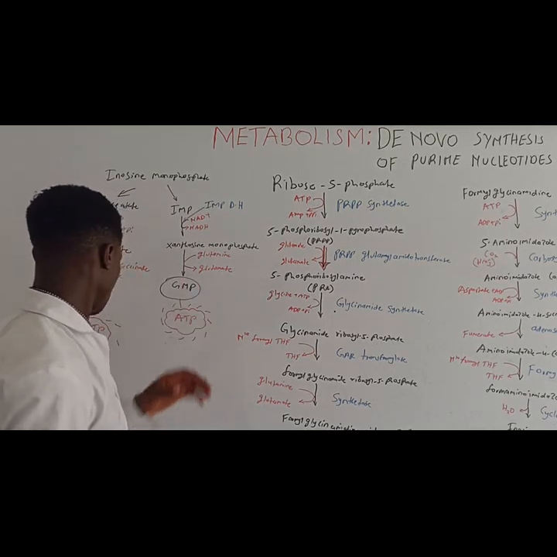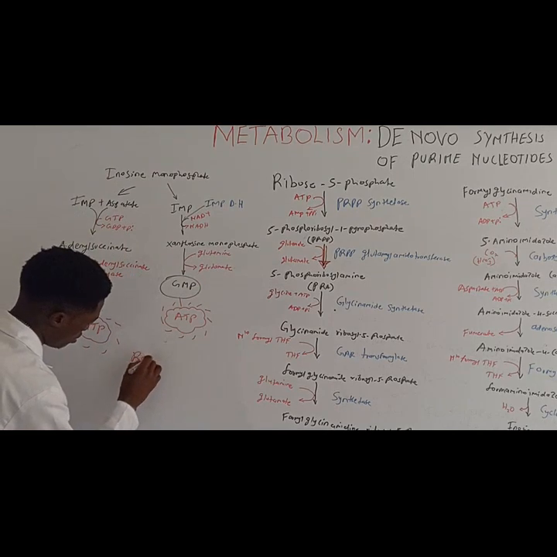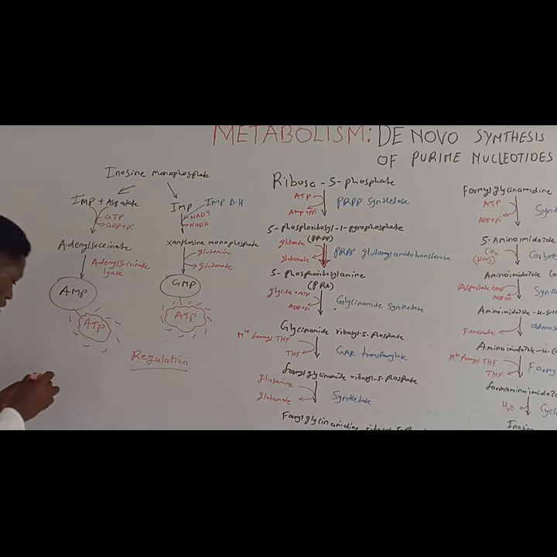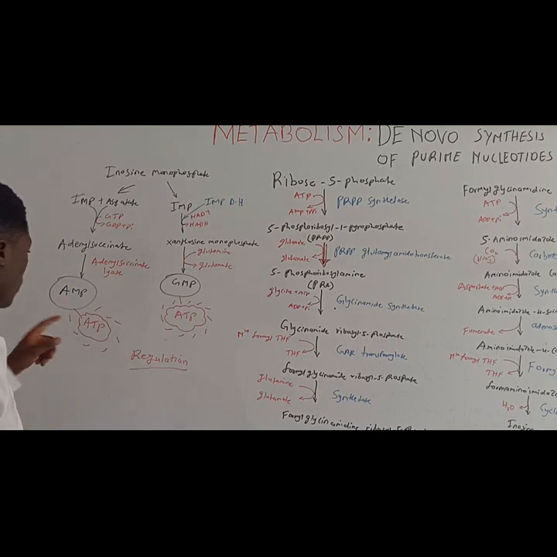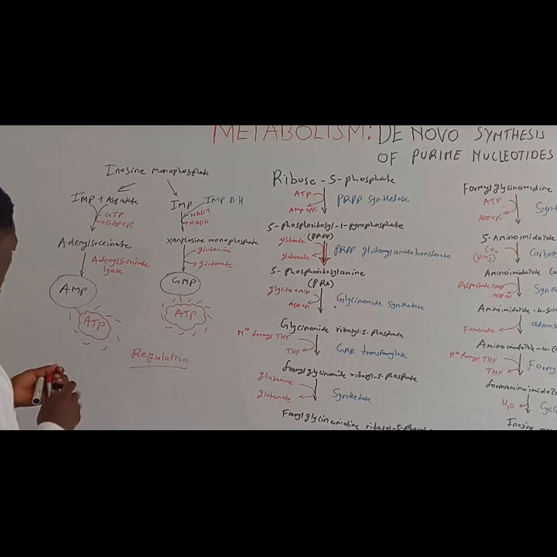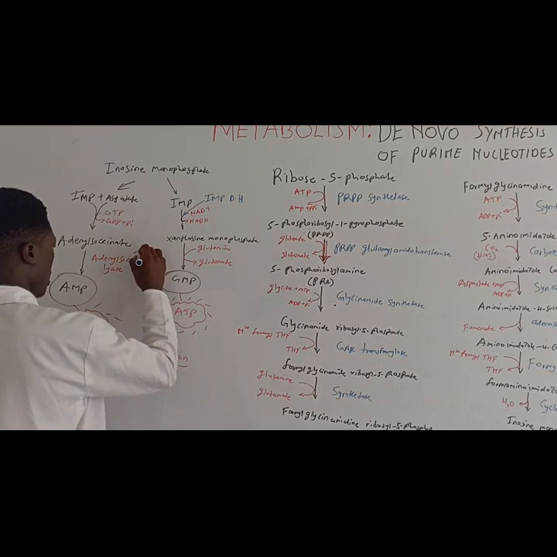regulation of this pathway. So, in terms of regulation, after we synthesize enough adenosine monophosphate, this adenosine monophosphate can in turn inhibit the adenylosuccinate synthetase, right? So this can be inhibited by AMP.